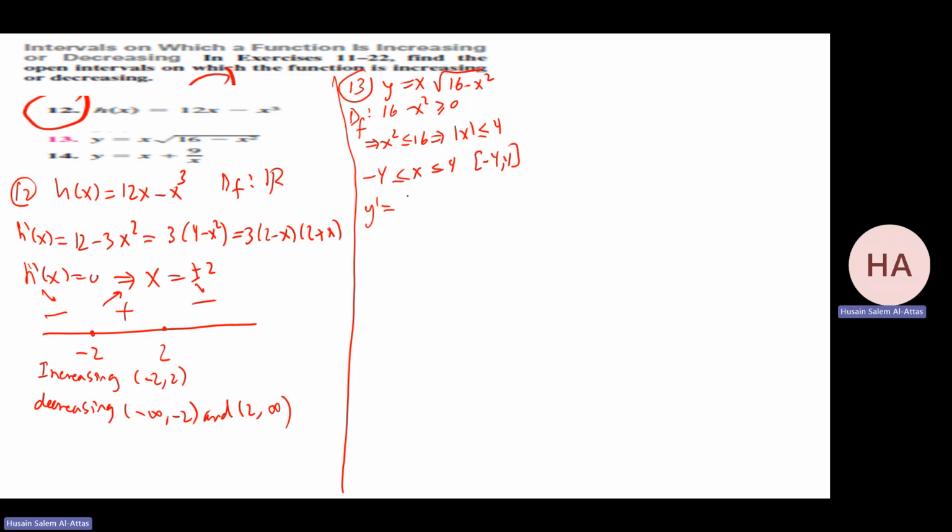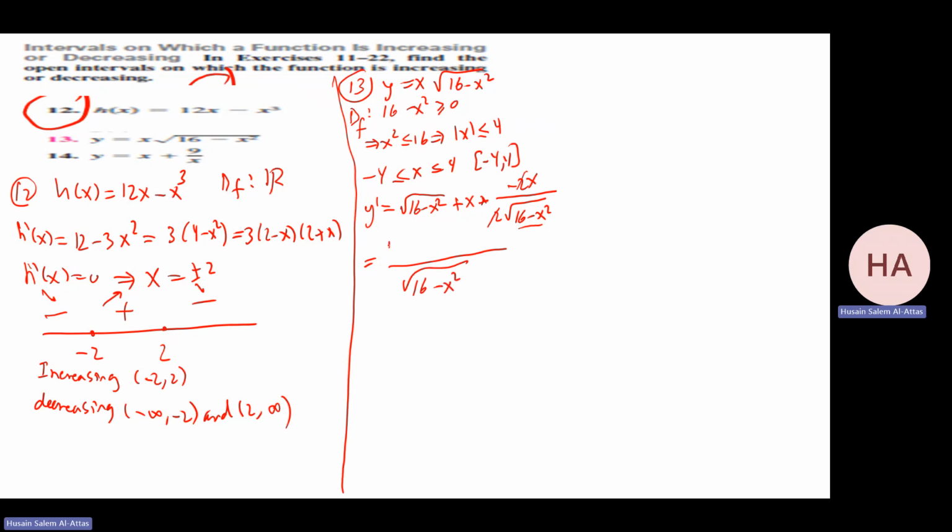Product rule: derivative of x is 1, times square root of 16 minus x squared, plus x times 1 over 2 square root of 16 minus x squared, times the derivative of the inside, which is minus 2x. So the 2 cancels with 2. Let me take a common factor.